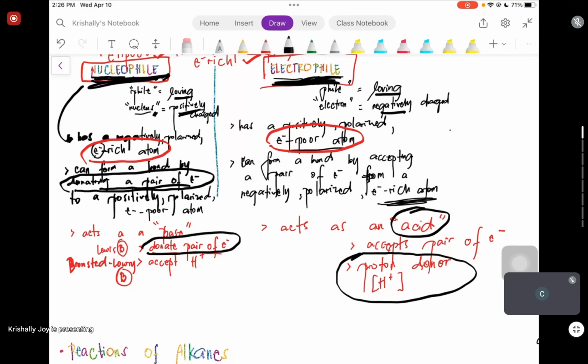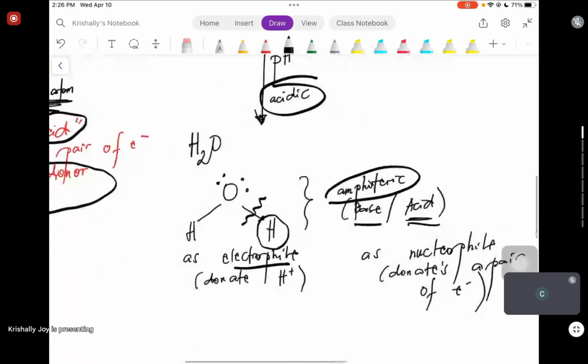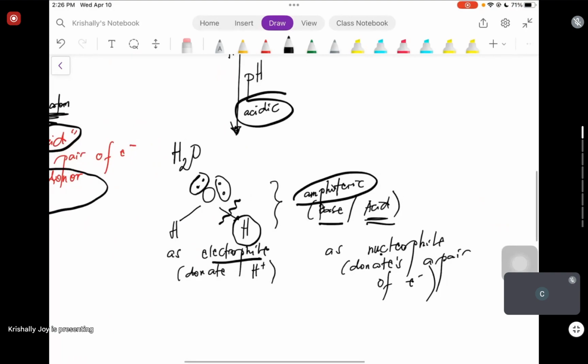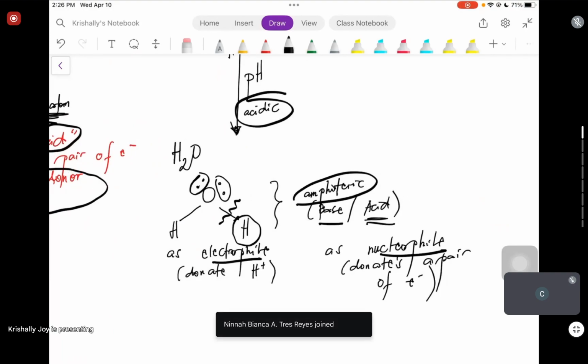The same with the definition being a base. Diba? So kung able siya to donate a proton, I mean an electron, here, a pair of electrons, then it acts as nucleophile. So there are compounds that may act as both. Pwede siya electrophile or as a nucleophile. So a good example is water.